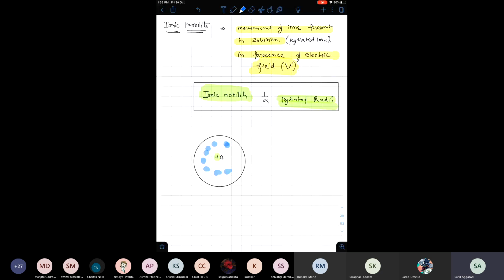It won't be able to move because of its high size. And if it has low size, it can easily move. Completely two different things you are comparing. Hydration energy does not hold the ion together. It is just the attraction towards the water molecule. It attracts the water molecule towards itself, and that interaction energy is released. And ionic mobility is the movement of those ions for conduction purpose. Okay, Pratyusha.